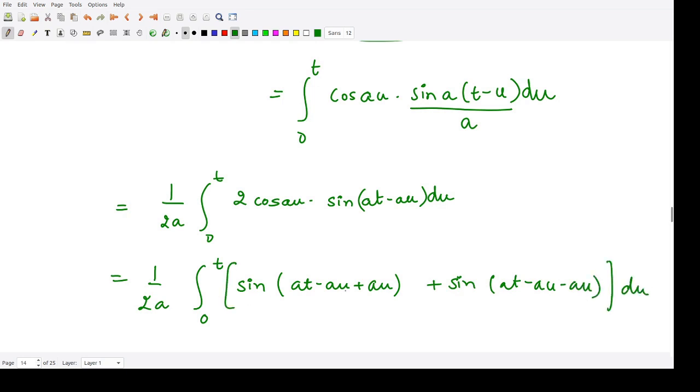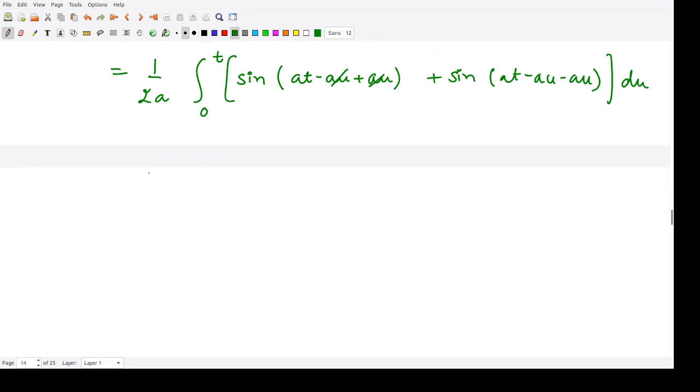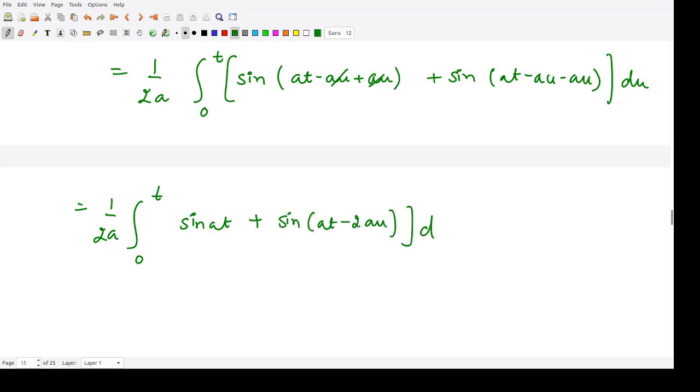From here this au and au cancel. So we are left with 1 by 2a times the integral from 0 to t of sine at plus sine(at minus 2au) du.